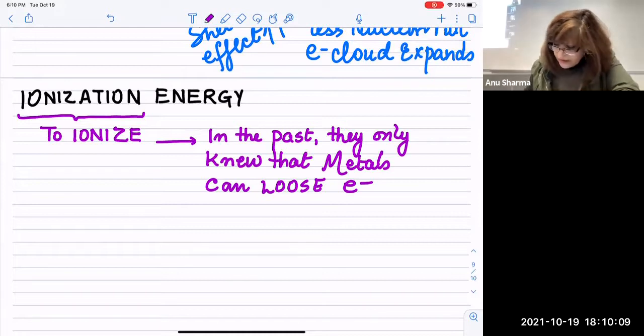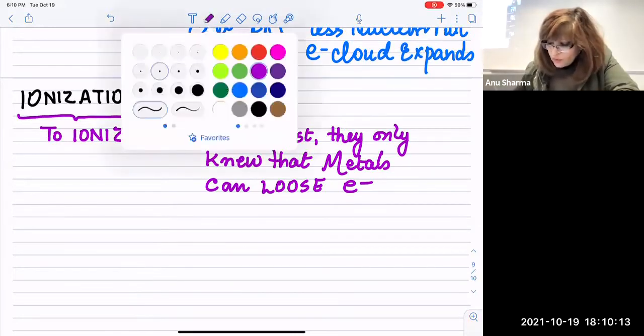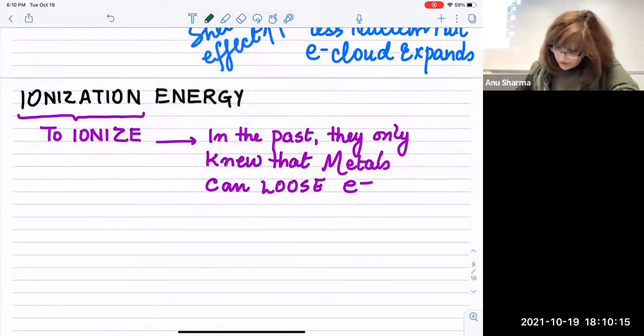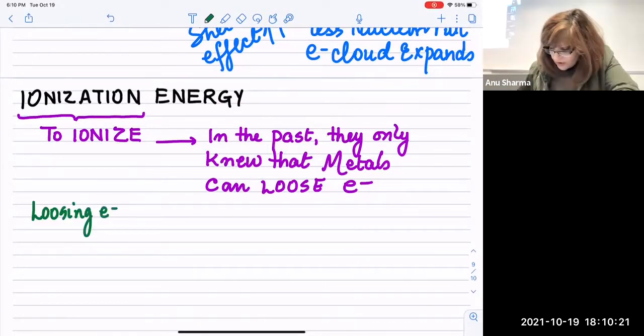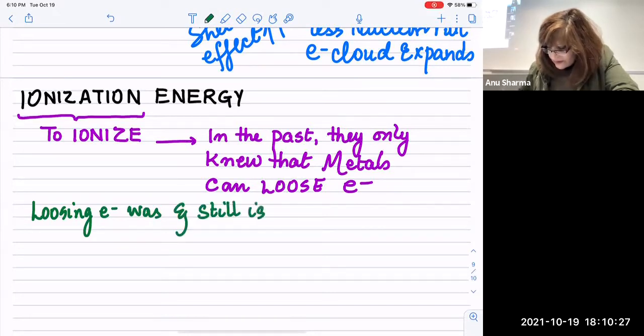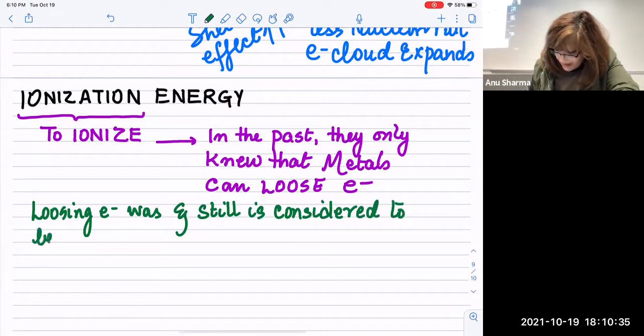So losing of electrons was considered to be ionization. That's an old terminology which got stuck. So losing electrons was and still is considered to be ionized.